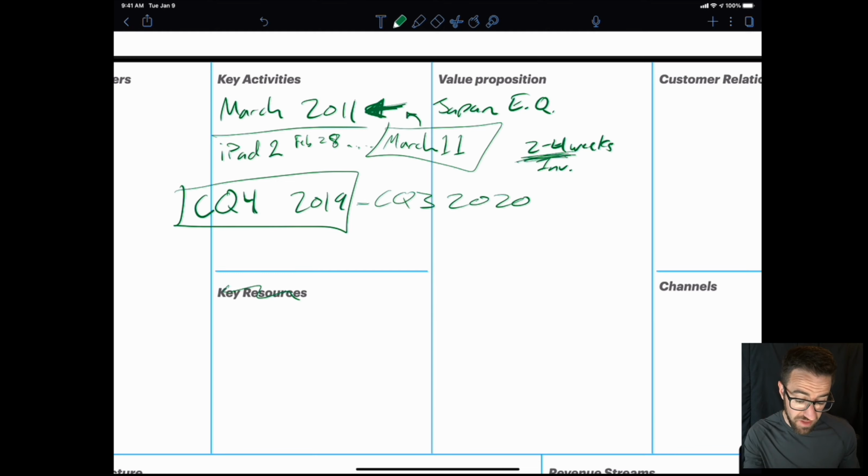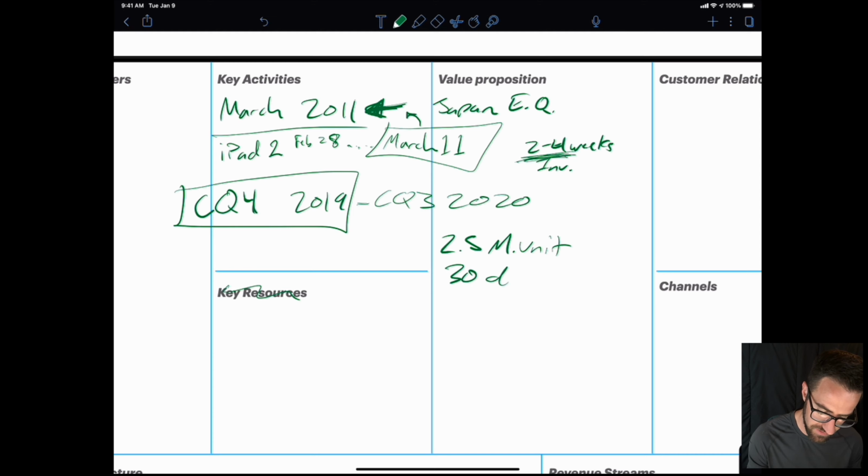Well, in the month of March and that first quarter, they sold, and I just want to make sure that I get the right number here, they sold 2.5 million units in the first 30 days. Okay, so 30 days, how many weeks is that?